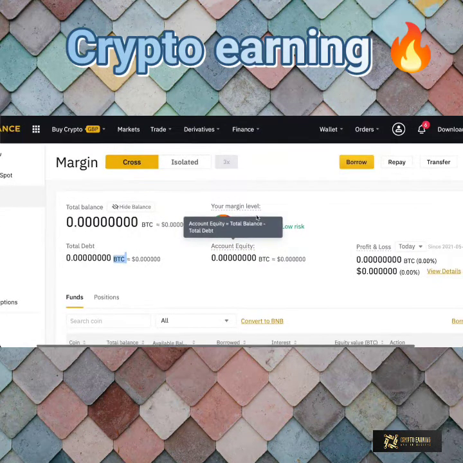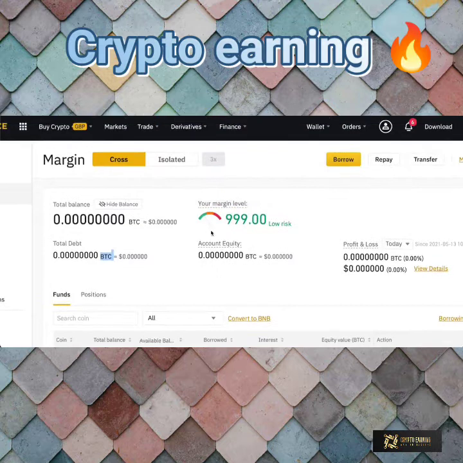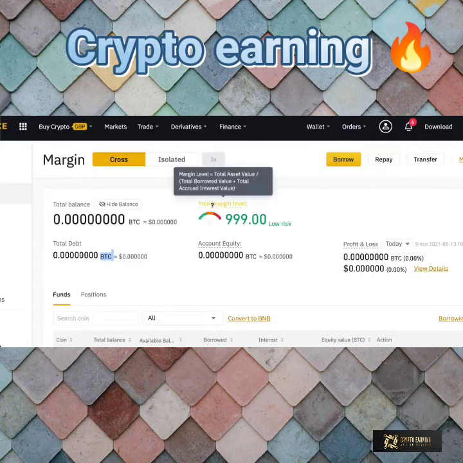And then your total margin level is really important to understand. This will be a level and Binance will give you a number. Really important is that if you get to a level of 1.3, that is when Binance will start giving you what's called a margin call. This is literally just a message from Binance saying, hey, you don't have that much cash on account. We've lent you loads of money and we possibly might be starting to liquidate some of your positions so that we can be sure you can actually pay us back.